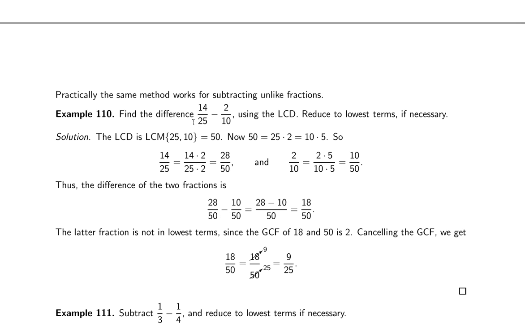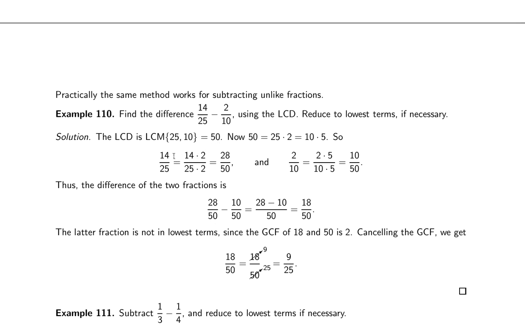Okay, one more here. 14 over 25 minus 2 over 10. Can we see that the least common denominator is 50? You can use the lists here. The multiples of 25 are 25, 50, 75, and 50 is the first multiple of 10. So we're going to put 50s on the bottom.